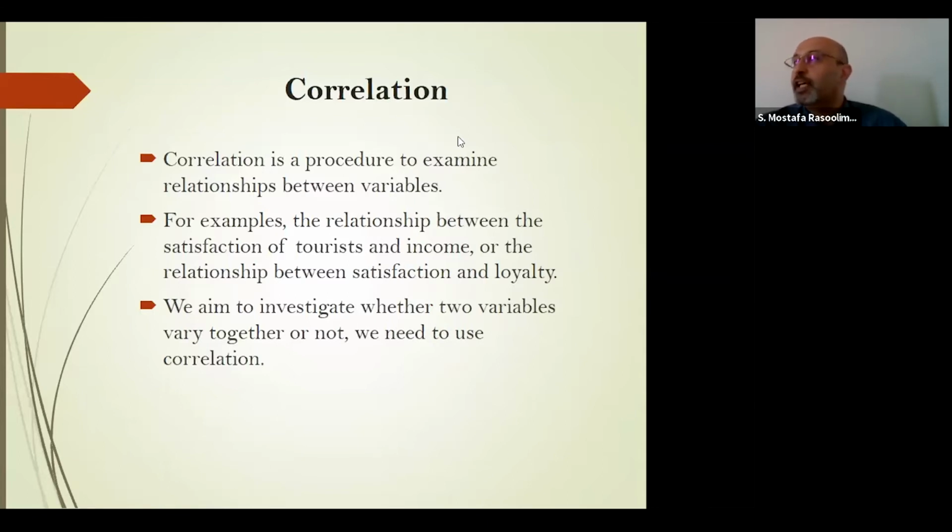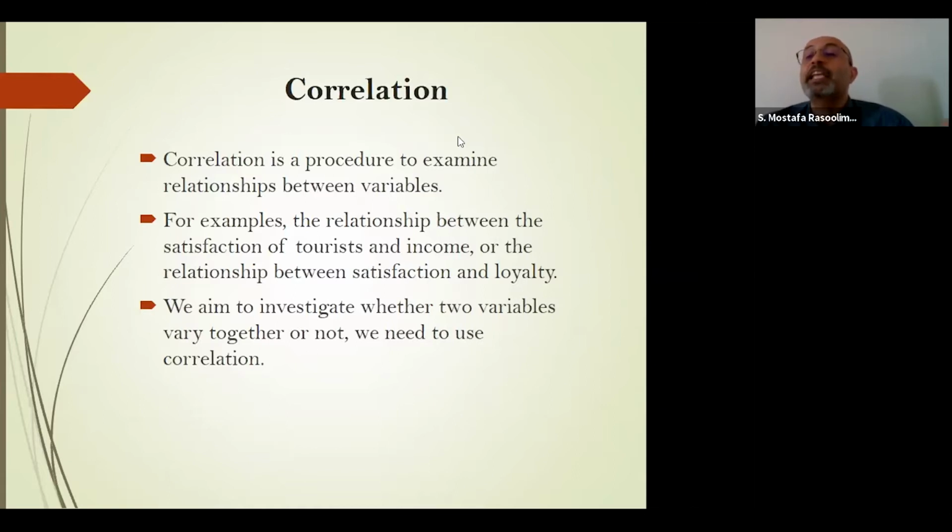We have 50 students from this school, and we want to see the relationship between height and weight of students. Or, for example, we want to see a relationship between mathematics marks and physics marks. So we want to see if there is any relationship between mathematics mark and physics mark or not.